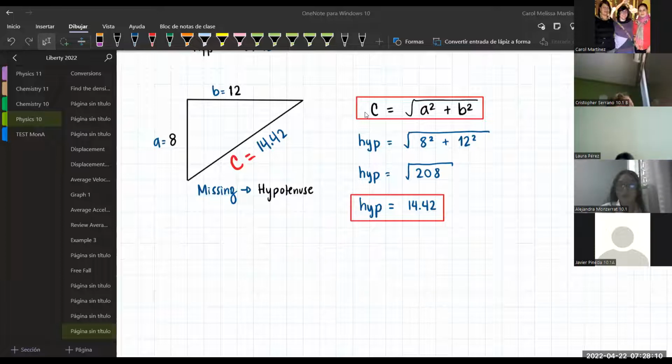Now, imagine that I say that this is the hypotenuse, and it has this direction.